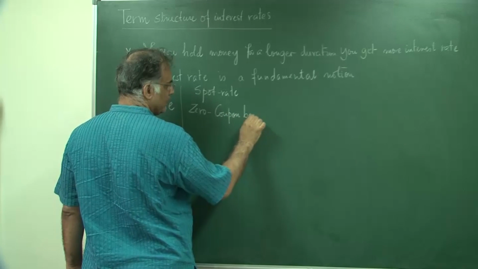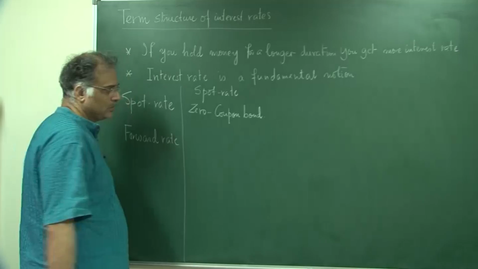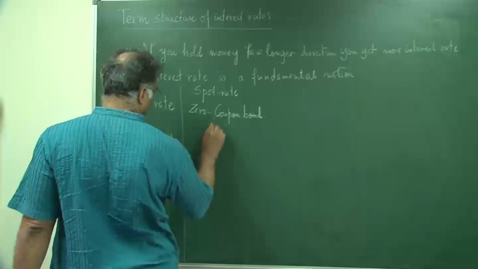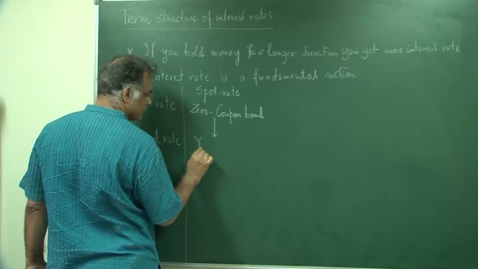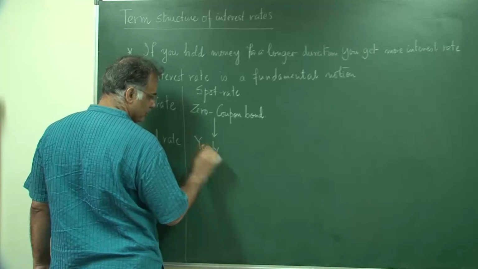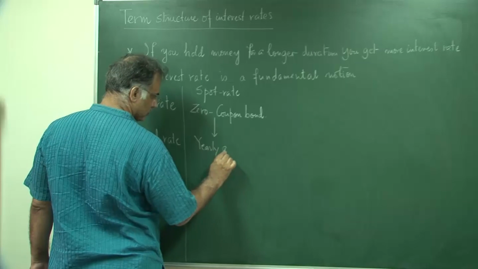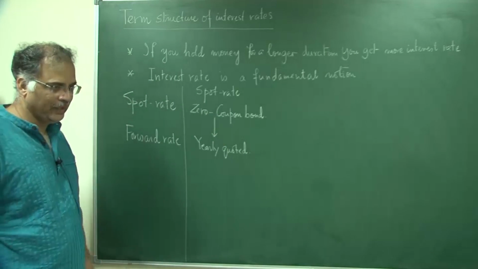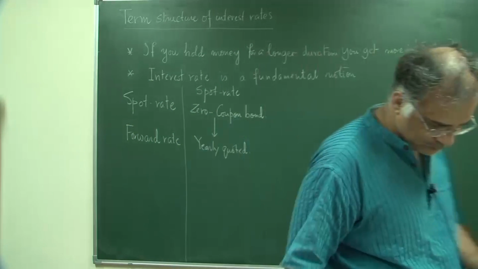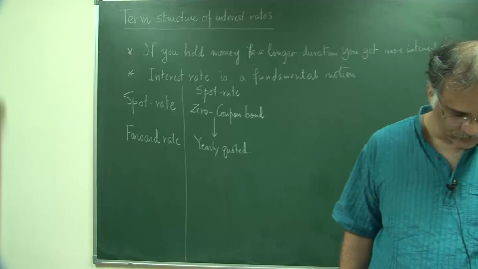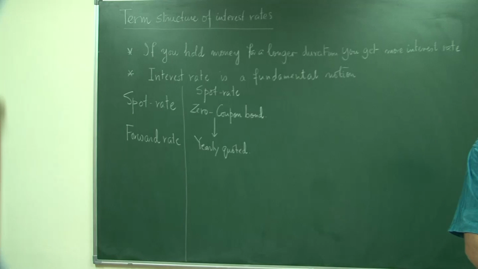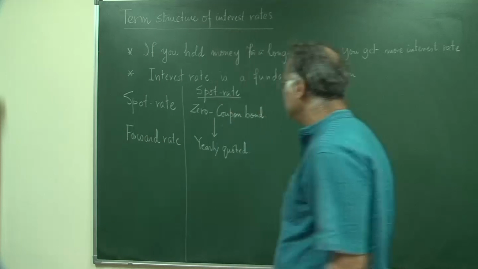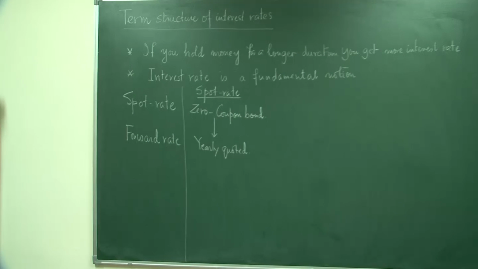So the interest rate that you get on zero coupon bonds, which banks usually quote yearly, is called the spot rate. In the term structure theory, the spot rate is a very basic concept. That is the basic interest rate that you should have in a market.